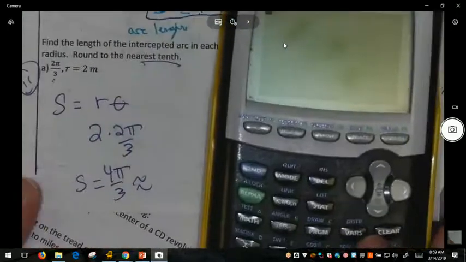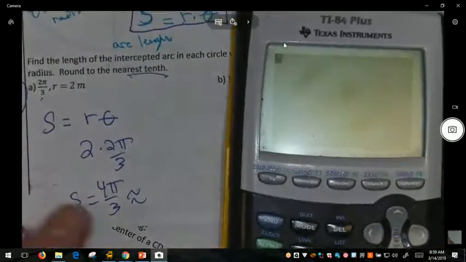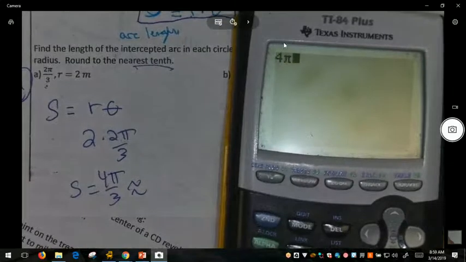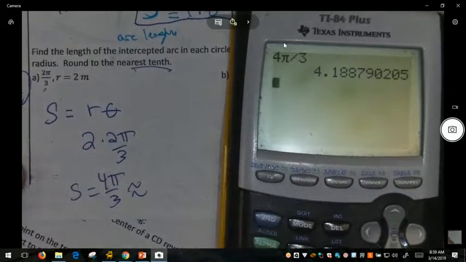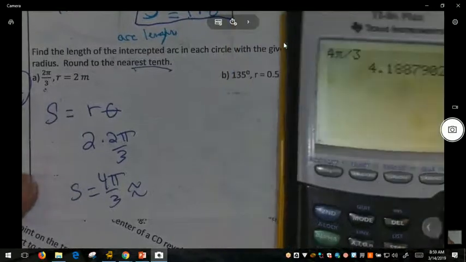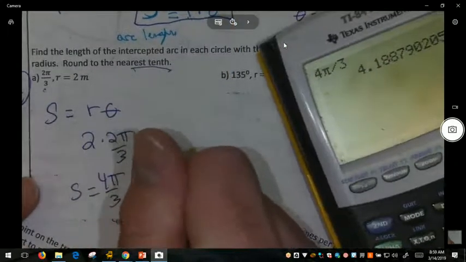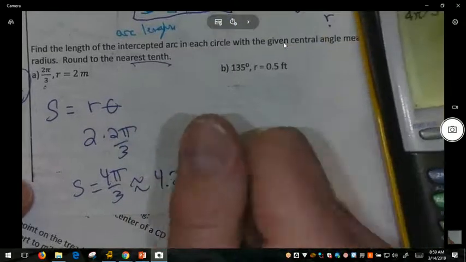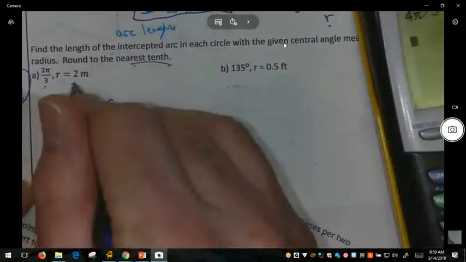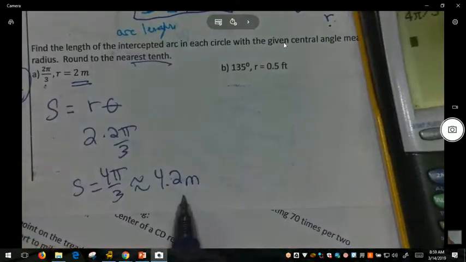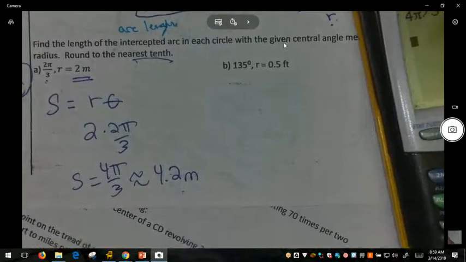Normally we answer in a fraction, but because they asked us to round to the nearest tenth, we're going to do 4 pi over 3 in our calculator. This is roughly 4.1887, but rounded to the nearest tenth, 4.2 meters. Our radius was in meters, so the arc length will also be in meters.